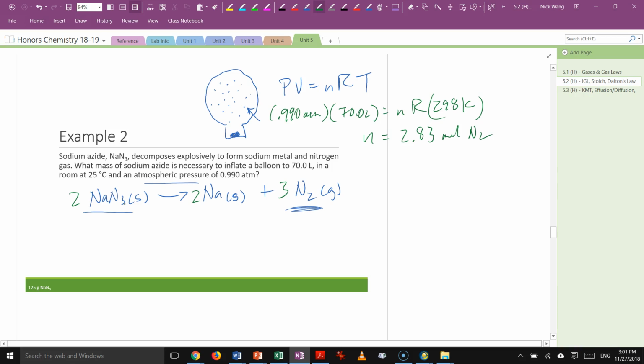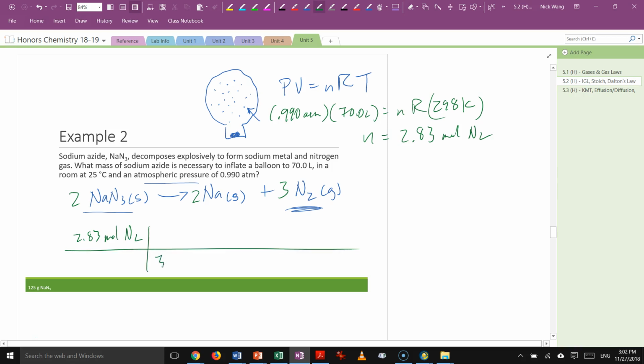In this case, I want to set up a conversion bridge. I'm given information about one, I have to figure out information about the other, and then I have to get the gram amount, because the question is what mass of sodium azide. So it's going to start off with 2.83 moles of N2.